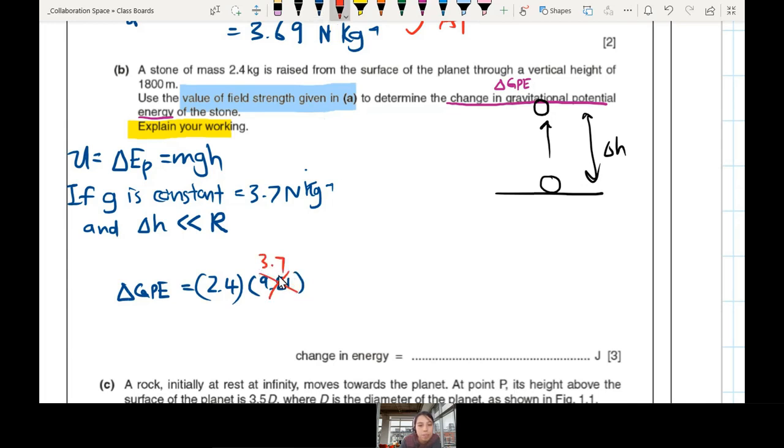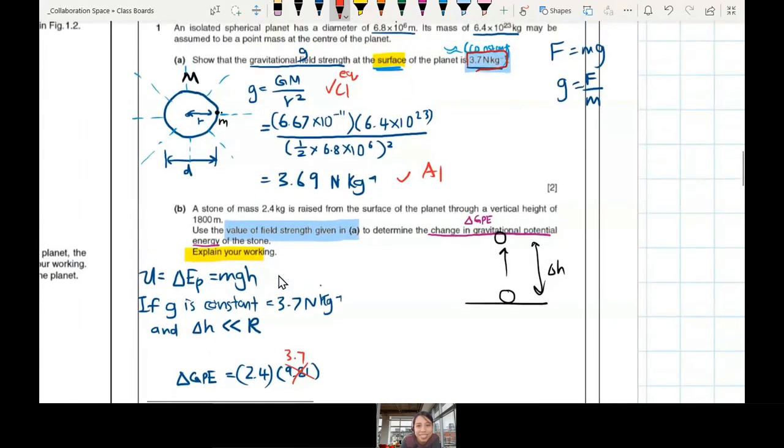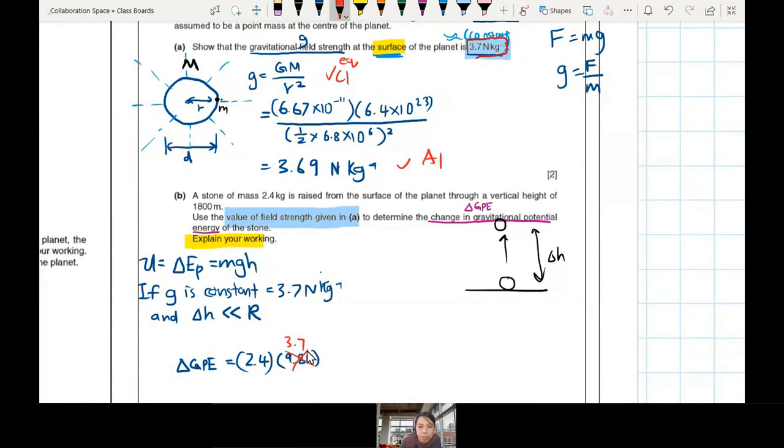You need to put 3.7. Why? Because we're on a different planet. We are not on Earth. So don't use 9.81. This is 3.7 times height, 1,800 meters. Actually not very high also. Go to the sky, come down a bit. Okay. Calculation.